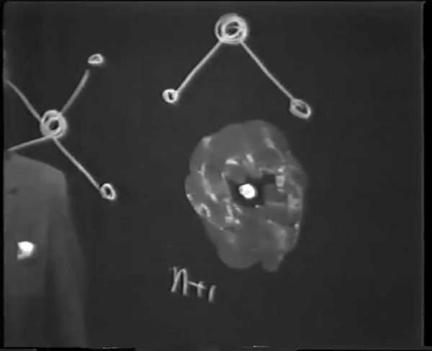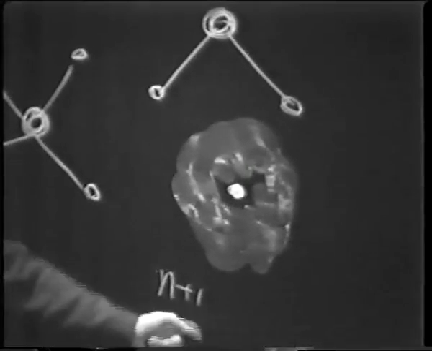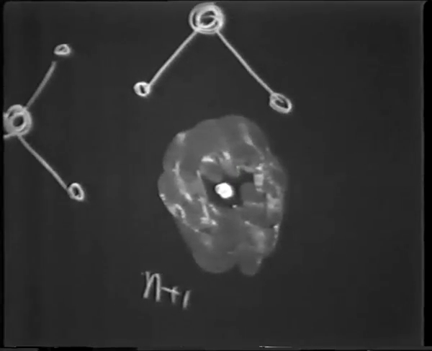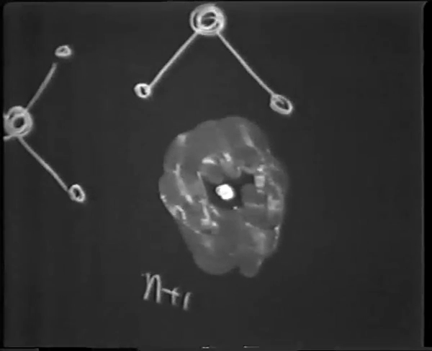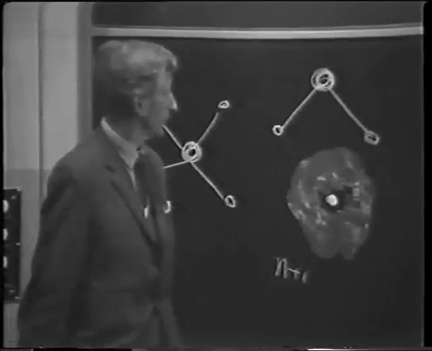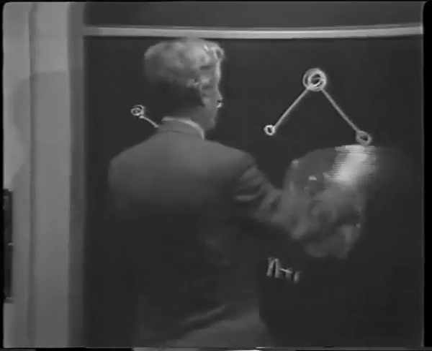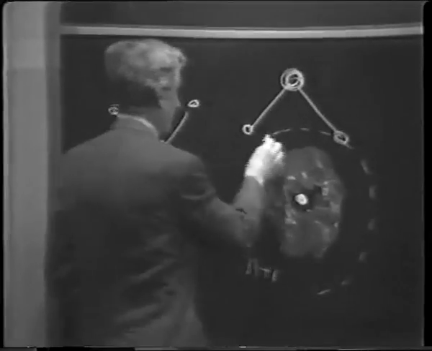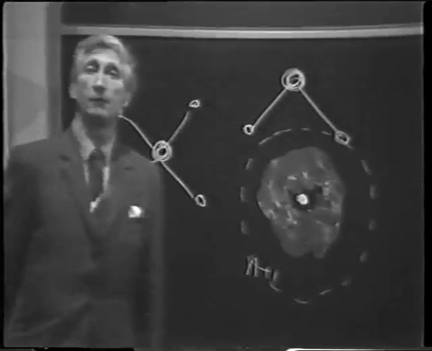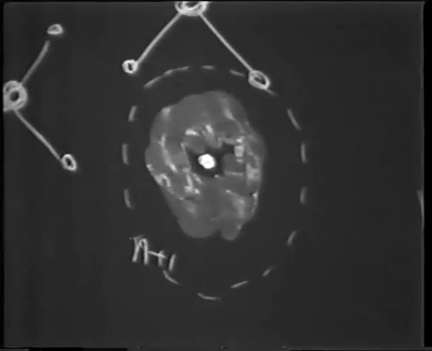They repel each other. And when there are n plus 1 of them, there are more forces pushing them out than there were before. In fact, a great many more, because it's the number of pairs that matters. And the result is that they're pushed out a bit, and so the cloud would go out some further distance.